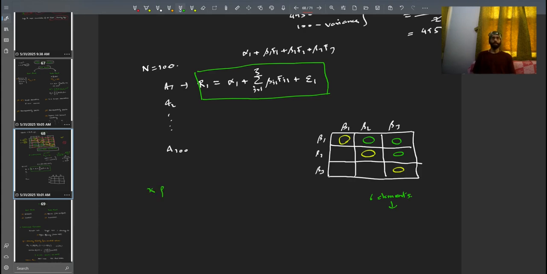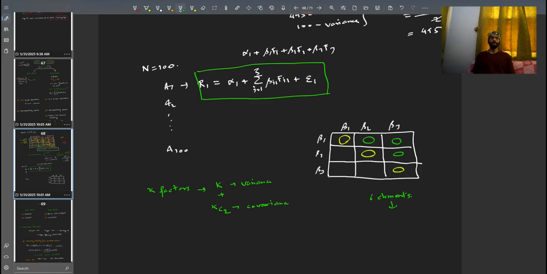Now here there are 3 factors. If there are k factors, how many unique covariances and variances will there be? If there are k factors, there will be k variances plus k c 2 covariances, right? K plus k c 2. This will be the answer.